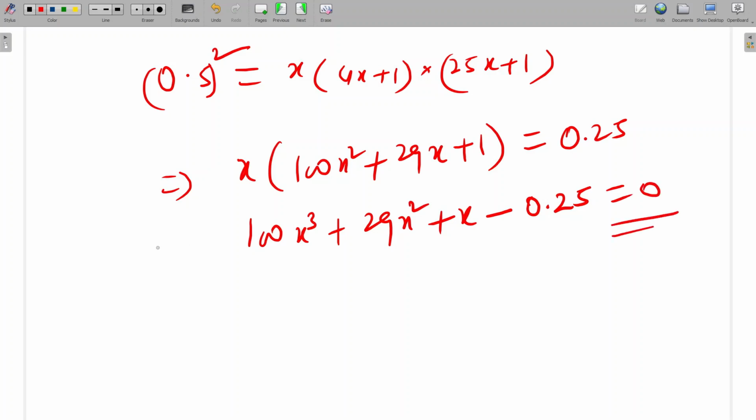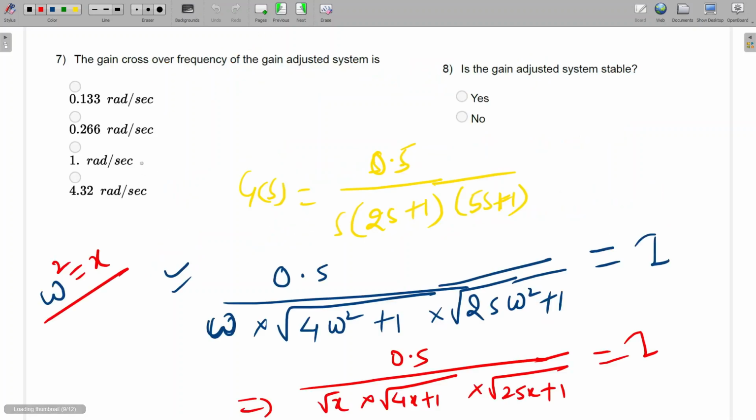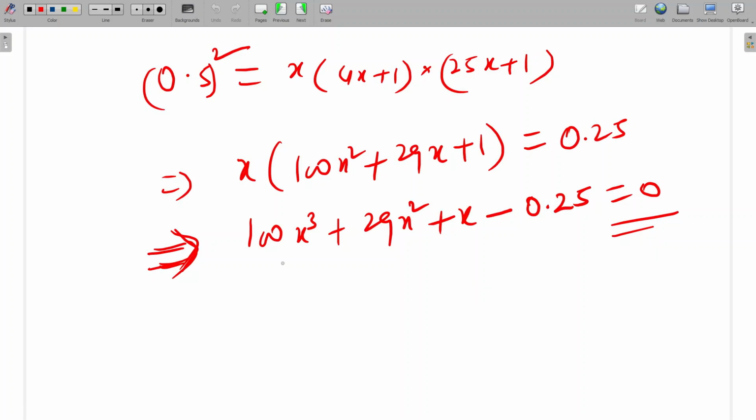This kind of cubic equation we can solve using the calculator. But if in the exam the calculator will not be there, then we can match the options. Out of the 4 options, we use the omega value, x is equal to omega square, put that omega square in this equation, and whichever satisfies equal to 0 will be the answer. But I'm using a calculator to solve it, so you can also use a scientific calculator.